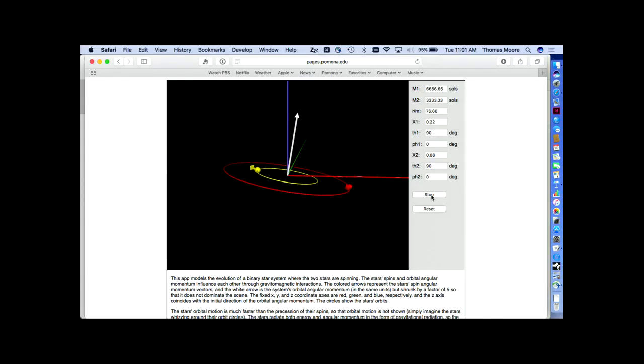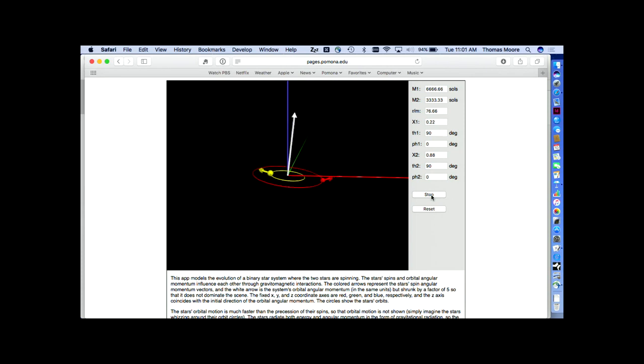As you can see, the spin is precessing around, but also the total angular momentum of the orbit is precessing around due to those interactions. You can see this is getting faster and faster, and the orbits are getting smaller and smaller because energy is leaving in the form of gravitational waves.